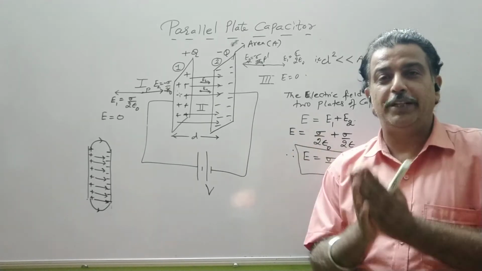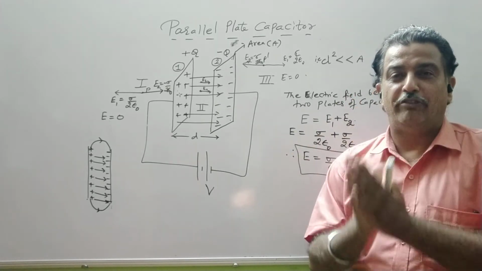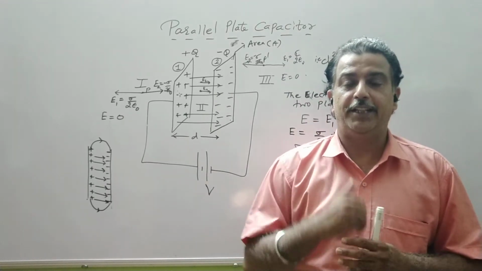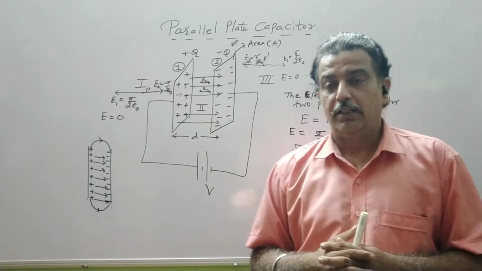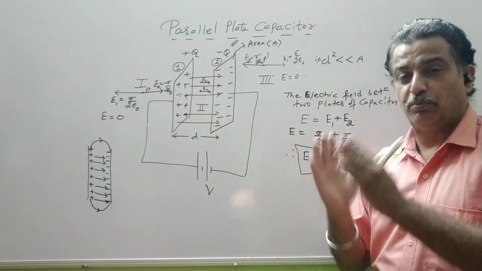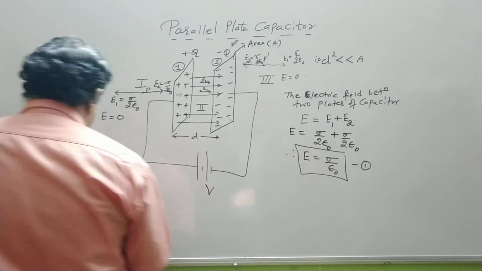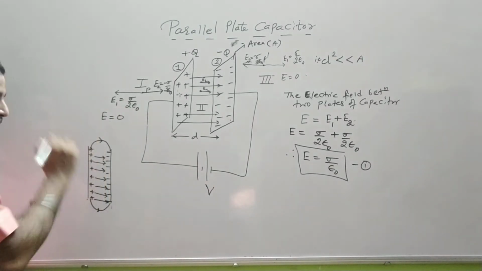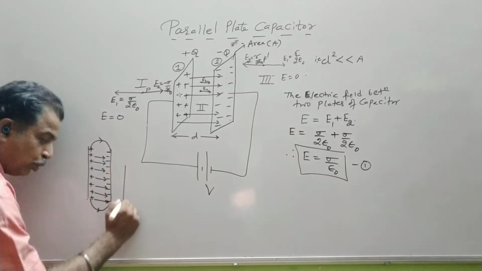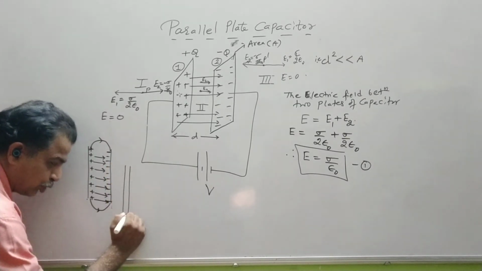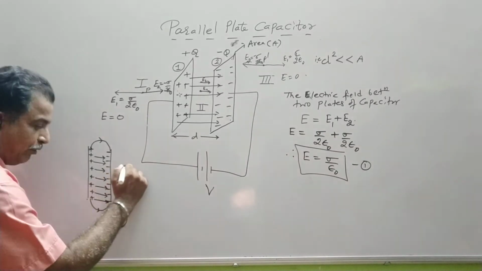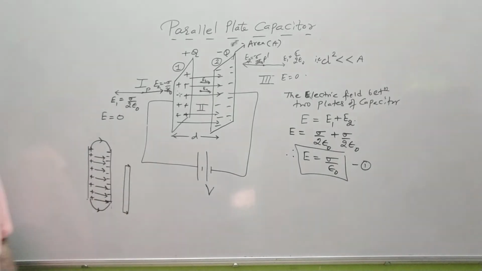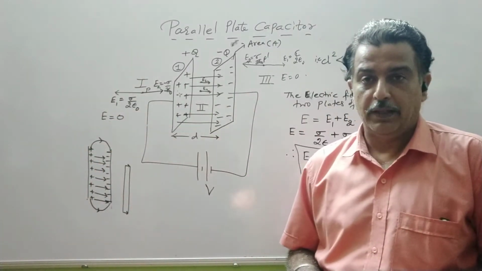Now, in order to minimize this non-uniform electric field, we keep the distance as small as possible. If we bring the two plane sheets near to each other, suppose I draw two plates close to each other, the field lines at the edges become more uniform.